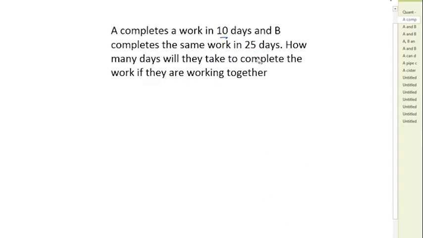What you do here is that A completes a work in 10 days, and B completes the same work in 25 days. So you just assume a unit, as in how much work they do. It will become clear with examples. I can assume any number for the total amount of work, so I'll assume 100 units.